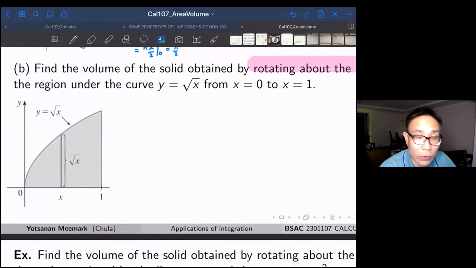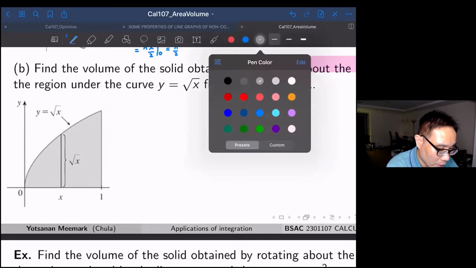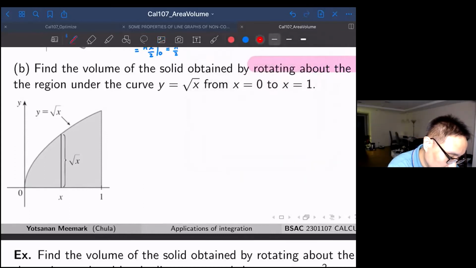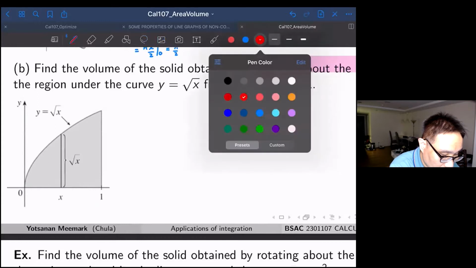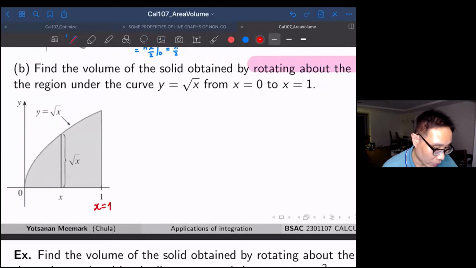You have y equal to root x, from 0 to 1, and you're going to rotate this around the line x equal to 1. So you have x equal to 1 here.